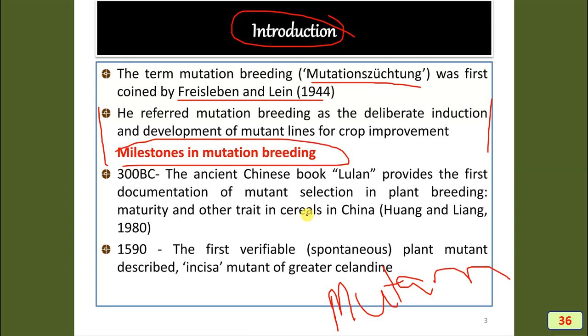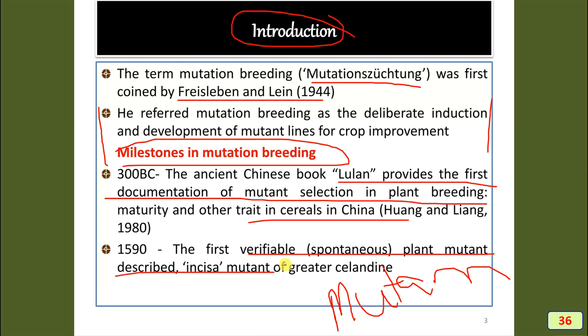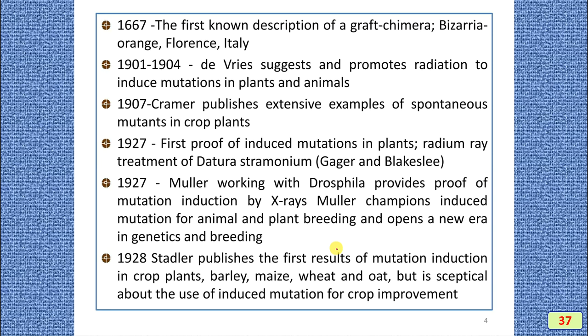So in 300 BC, the ancient Chinese book Lulan provides the first documentation of mutation selection in plant breeding and other trace cereals in China. And in 1590, the first verifiable plant mutant was described, like the incisa mutant of Greater Britain.